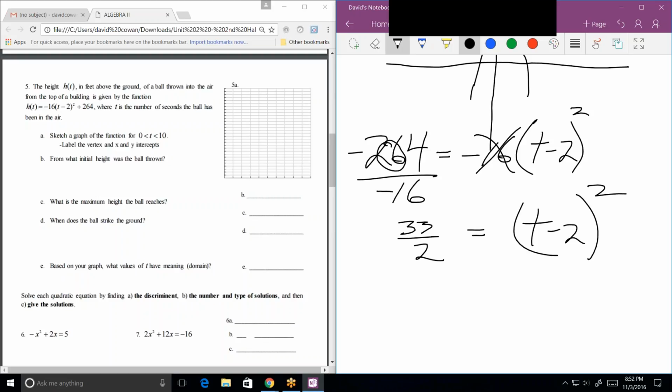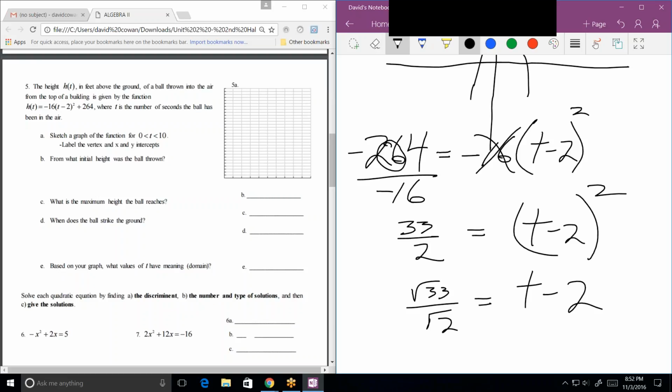It's hard to take the square root of 16 and a half, right? Right. But you can take the square root of 33 halves, that's square root of 33 over square root of 2. That equals t minus 2. And again, it's plus or minus, but we don't care about the minus part. So we're going to leave it off.